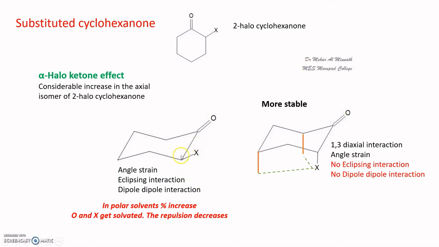So the repulsion decreases and slowly the amount of equatorial form increases. So you can say that the equatorial form of 2-halocyclohexanone will be more in polar solvent, and the axial form will be more in apolar solvent.